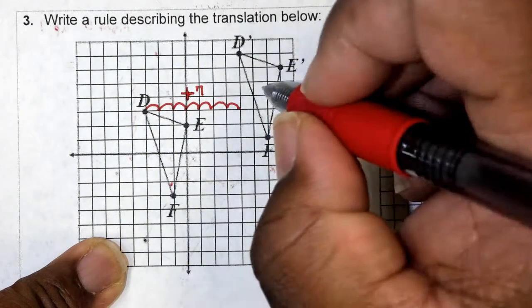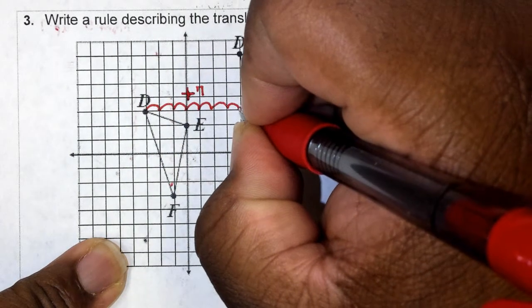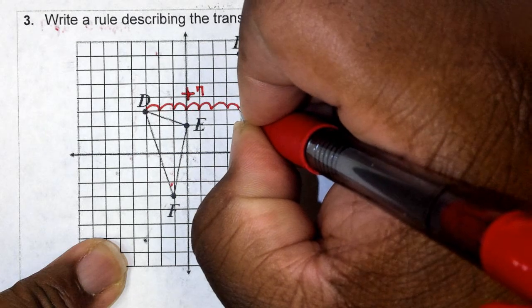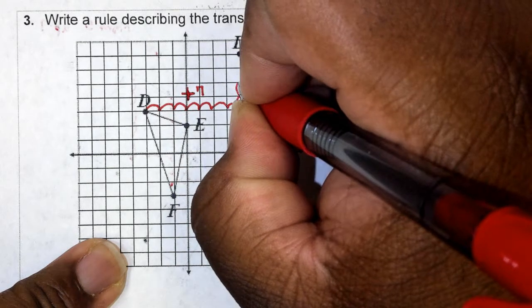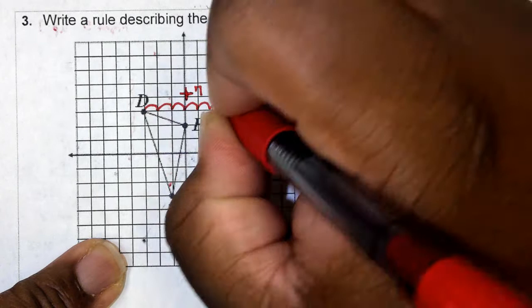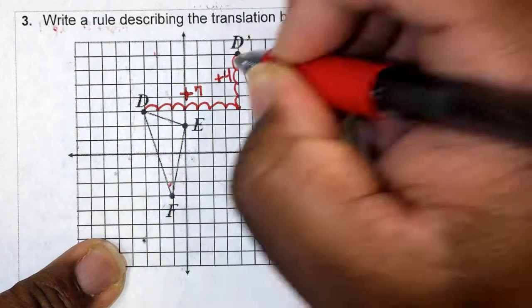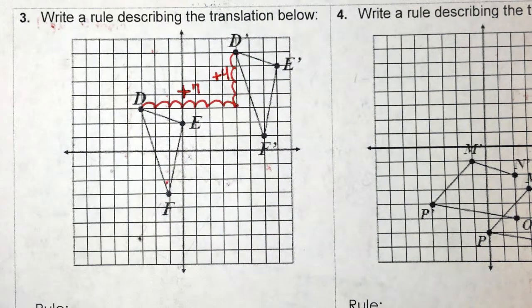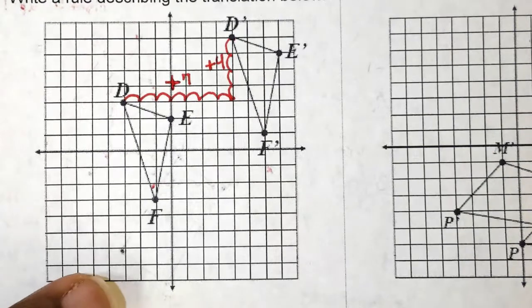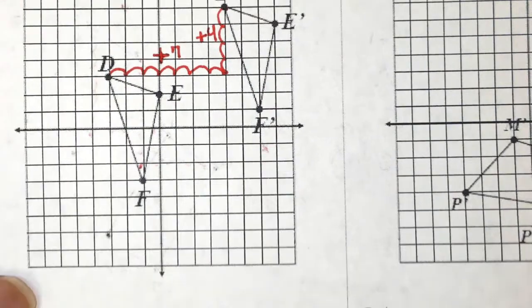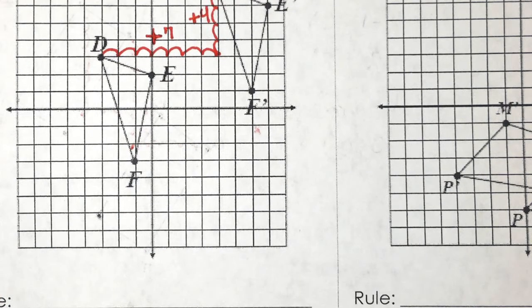And then I find my change in Y. To get up to D prime, I'm going to have to go up. 1, 2, 3, 4. That's a +4. That's my change in Y. Change in X, +7. Change in Y, +4. After you get the count, all you need to do is the mapping rule after that.